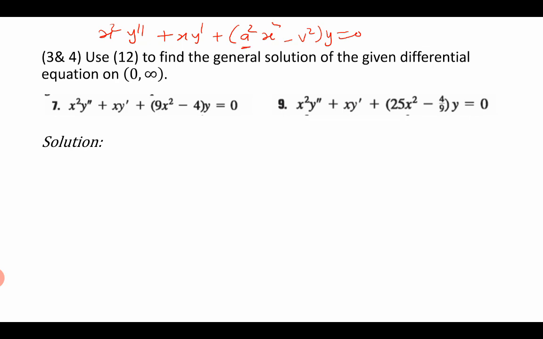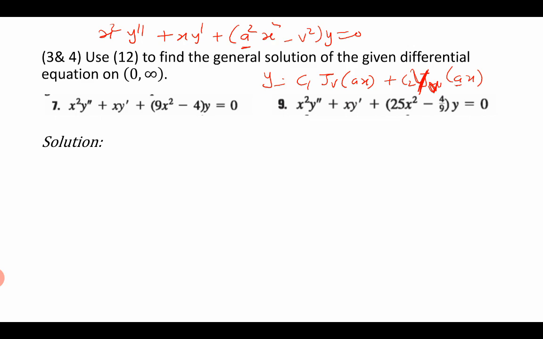So there is an a square multiplied with x square, for which the general solution is y equal to c1 Jv of ax plus c2 J negative v of ax, or we can write Yv of ax. So we need to find only v and a.